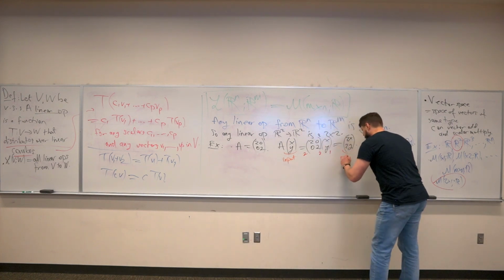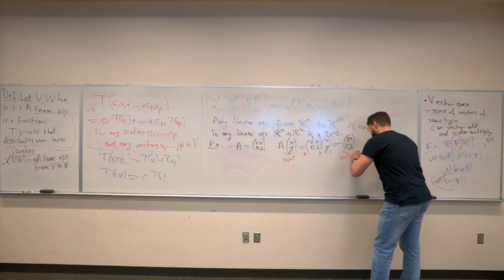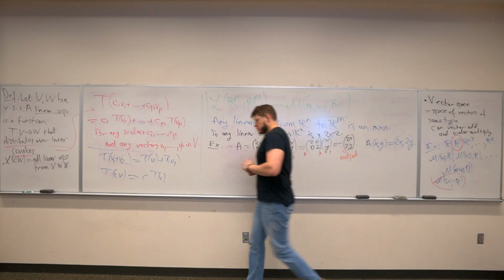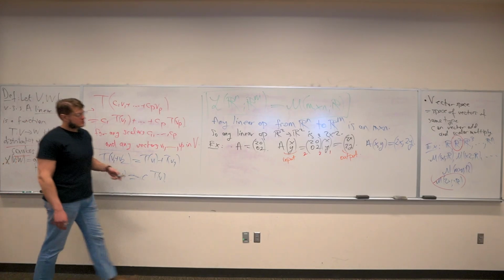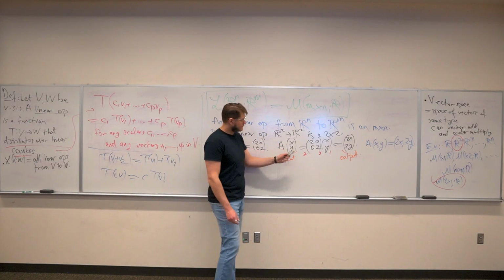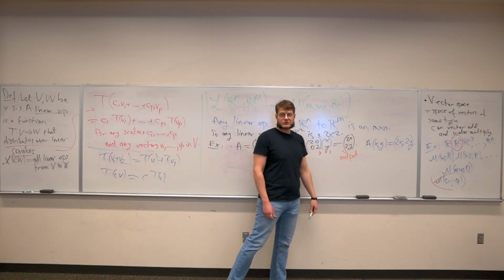This is output. Well, the simplest case, I think, is to plug in x equals 0, y equals 0. When you do that, the output is going to be (0, 0) as well.